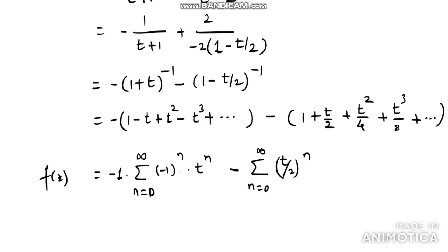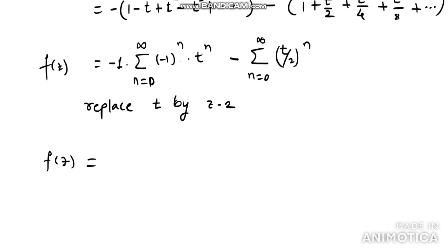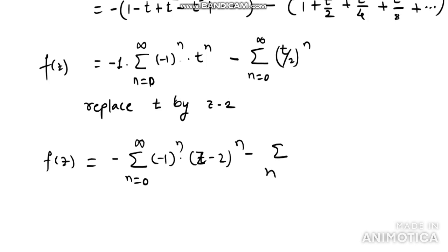So now let me replace t by z minus 2. So f of z is equal to minus summation n equal to 0 to infinity minus 1 to the power n into z minus 2 raised to n, minus summation n equal to 0 to infinity z minus 2 by 2 raised to n.